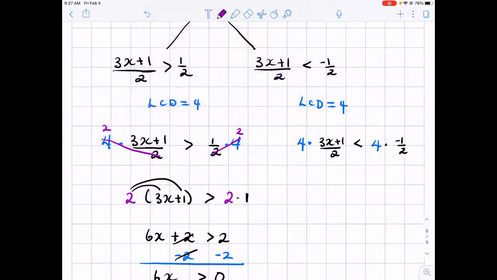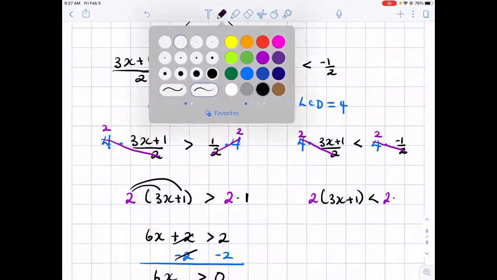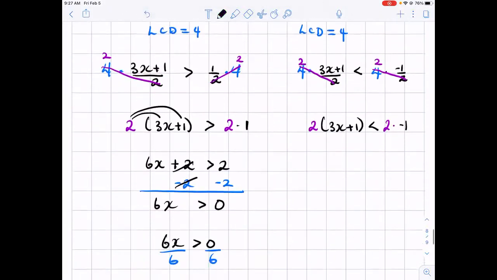If we simplify the 4 and the 2, it becomes a 2, and the same thing will happen on that side. So if you distribute, you have 2 times (3x plus 1) less than 2 times negative 1. So you have 6x plus 2 is less than negative 2.